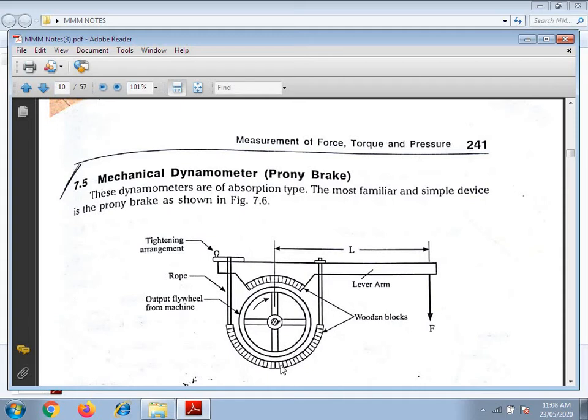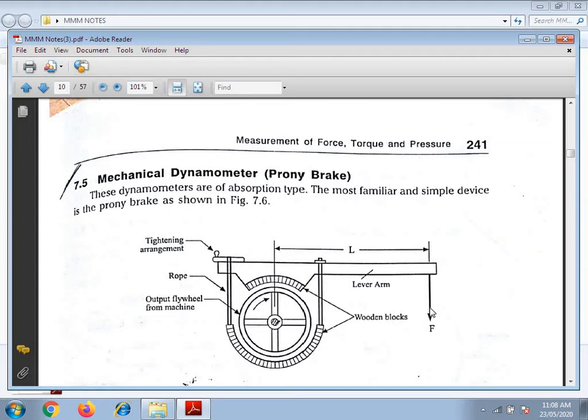The torque exerted by the Prony brake is T equals F into L, where F is the force measured by conventional force measuring instruments like balance or load cells.